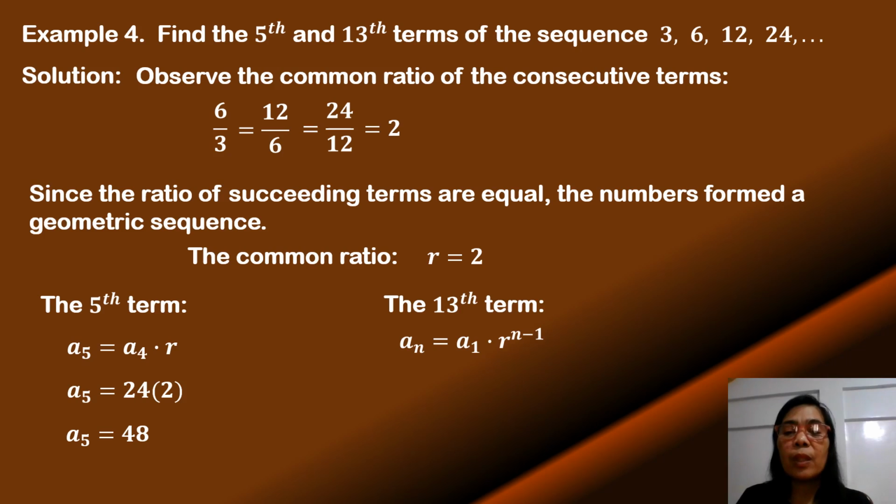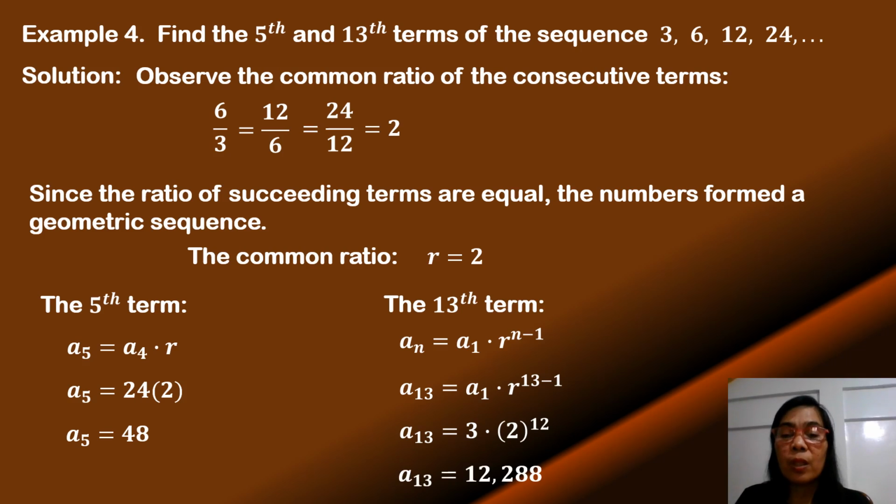From the formula, a sub n is equal to a sub 1 times r raised to n minus 1. That means a sub 13 is equal to a sub 1 times r raised to 12. Substituting values, a sub 1 is 3, r is equal to 2 raised to 12.